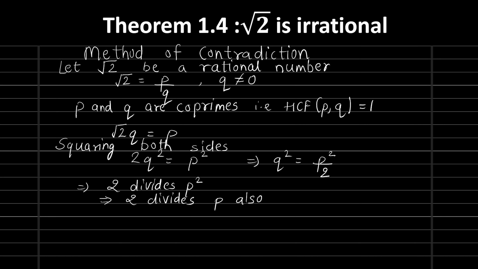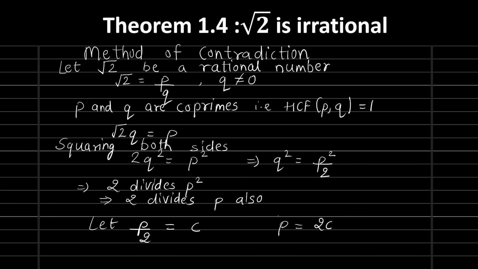Now, here we will write: let p by 2 equal c. So, according to this, p will be equal to twice of c, right? p will be equal to twice of c.